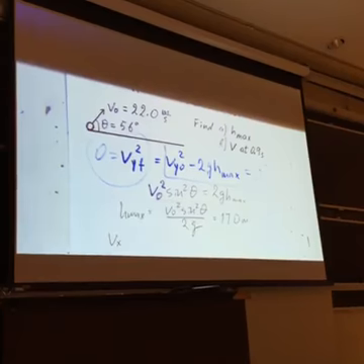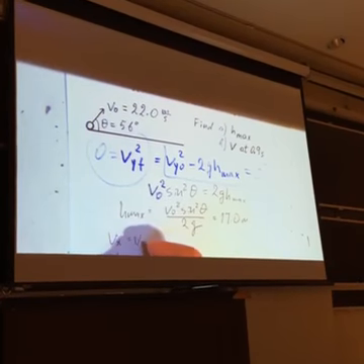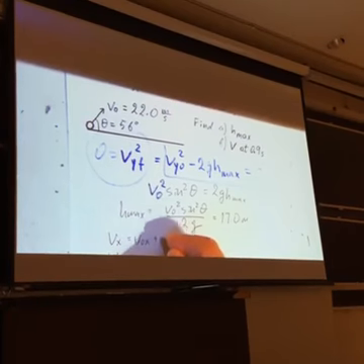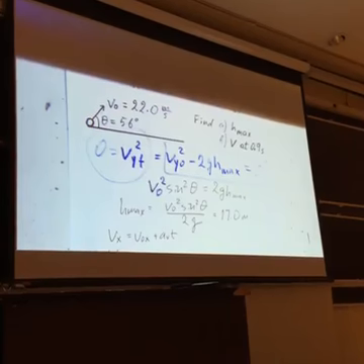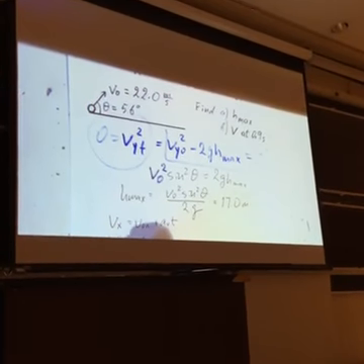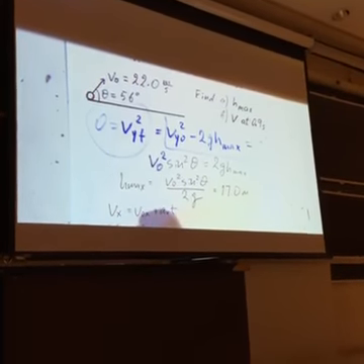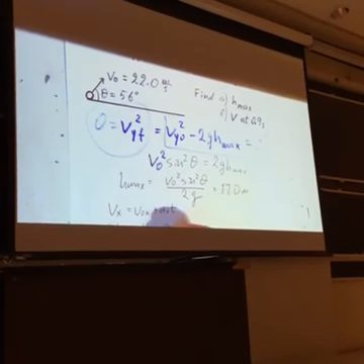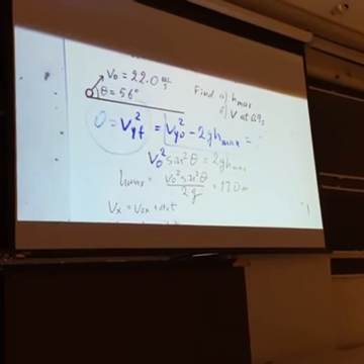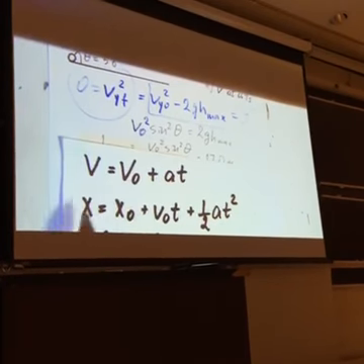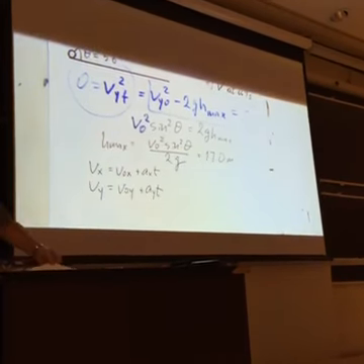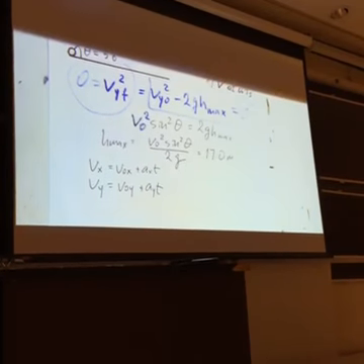V equals v0, this would be v0x for the x component plus acceleration in the x direction times time. And vy would be v0y plus acceleration in the y direction times time.